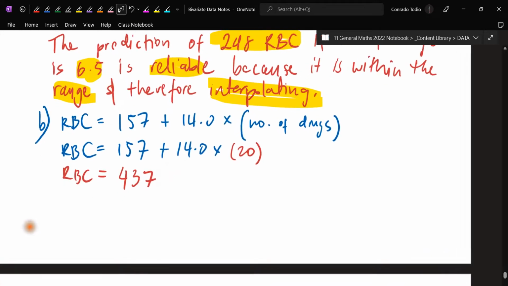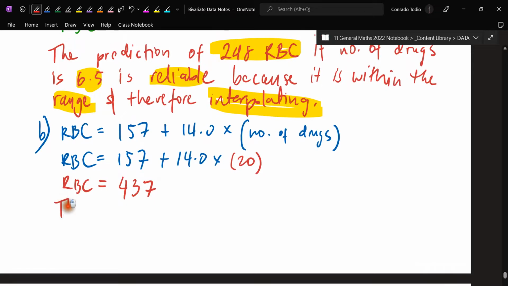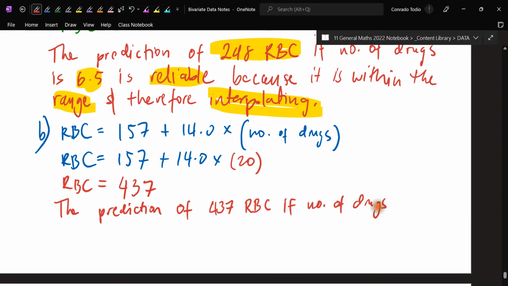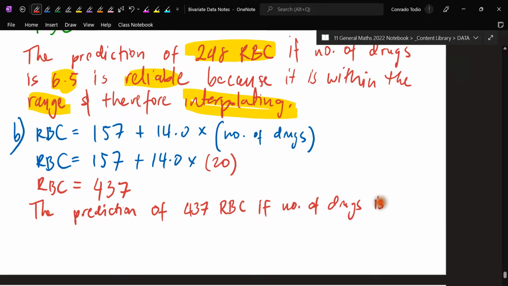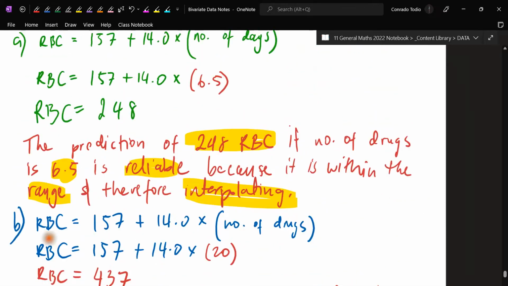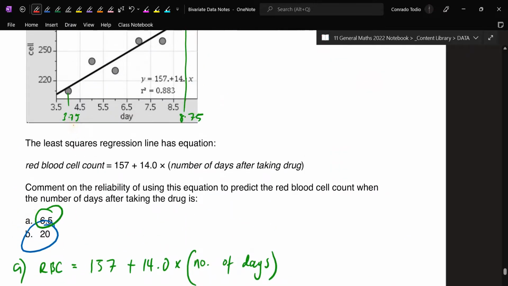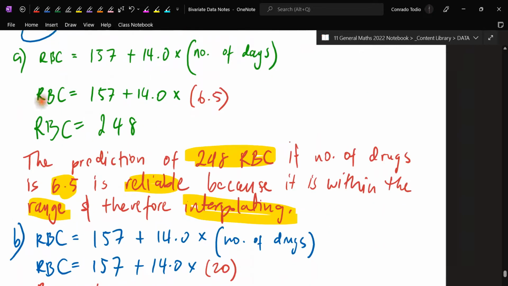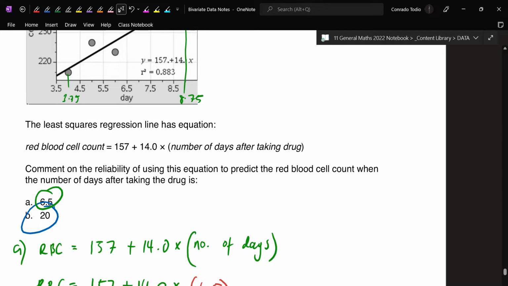So interpreting this, the prediction of 437 RBC, if number of drugs is 20, and again, because we know that the range is between 3.75 and 8.75, that prediction of 20 is way outside of that.